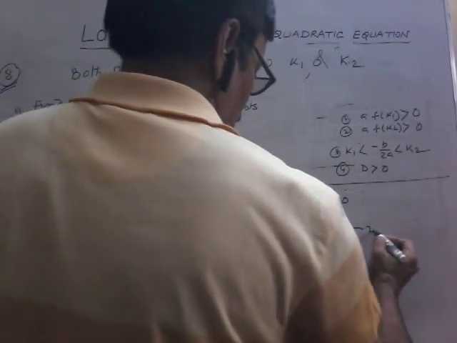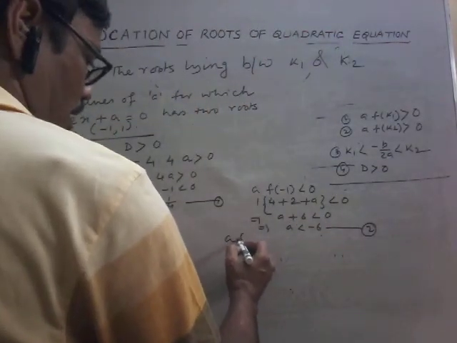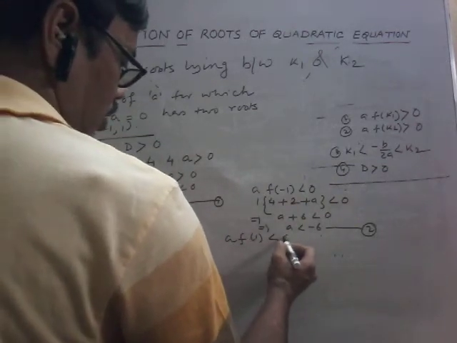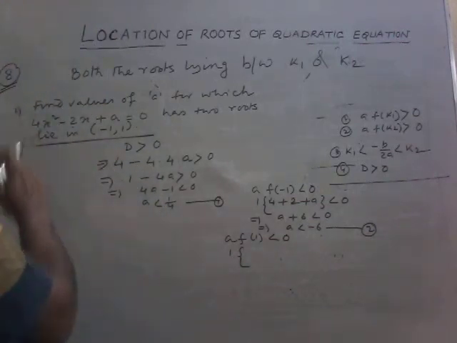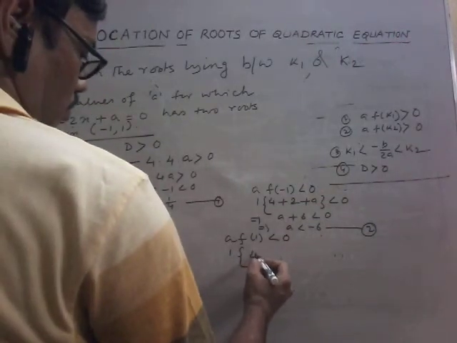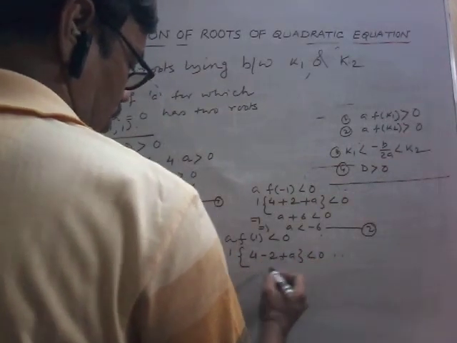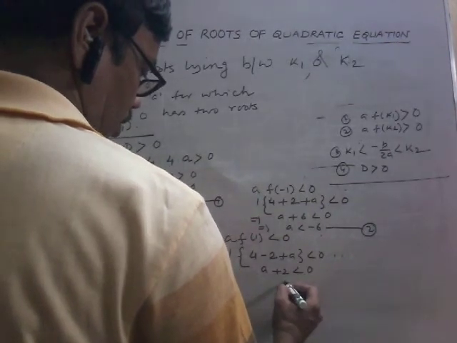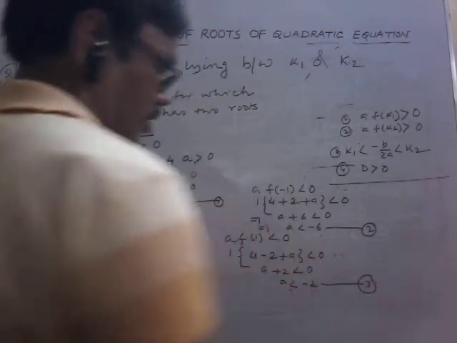This is 2. Now a into f of 1 less than 0. What is f1? 4 minus 2 plus a less than 0. So a plus 2 less than 0. A less than minus 2. This is the third case.